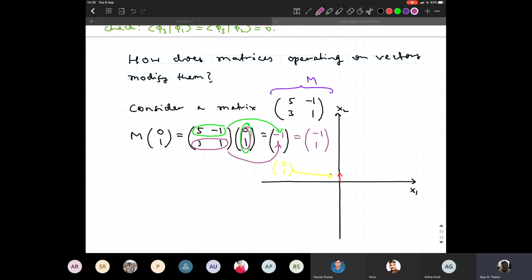So basically what has happened is this gets rotated. And by how much? 45 degrees.